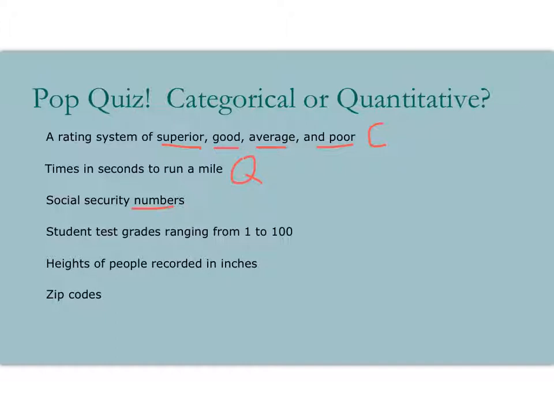But does it make sense for me to find the average of someone's social security numbers? No, this is categorical. How about student test grades ranging from 1 to 100? That's quantitative. Heights of people recorded in inches? Also quantitative. Zip codes. Here's another one that trips people up because it's a bunch of numbers, but it's in fact categorical, and it's categorizing people by location.